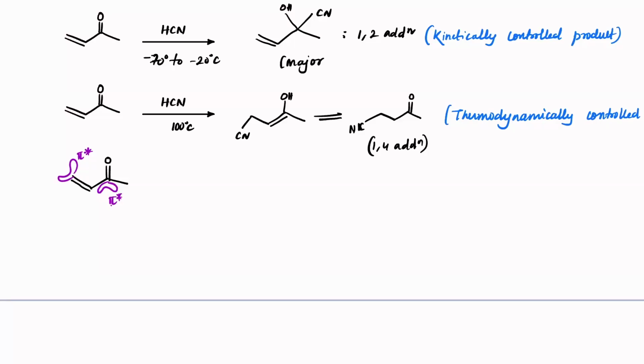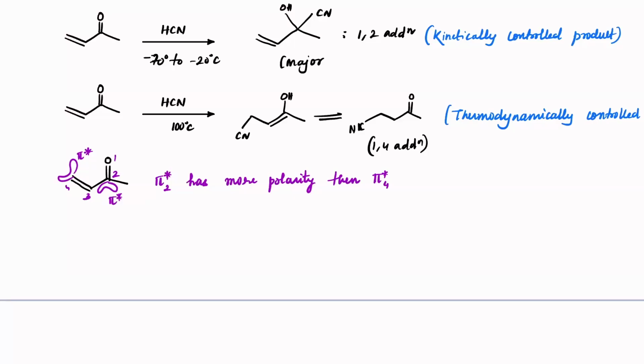On the positions 1, 2, 3, 4, the pi star at carbon 2 has more polarity than the pi star at the fourth position. That's the reason why, if a nucleophile has to react fast, it will always choose 2.